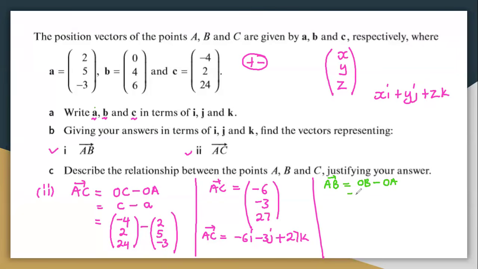And our OB is B, our OA is A. So we substitute in, that is 2, 5, negative 3 for B. Is that fine?